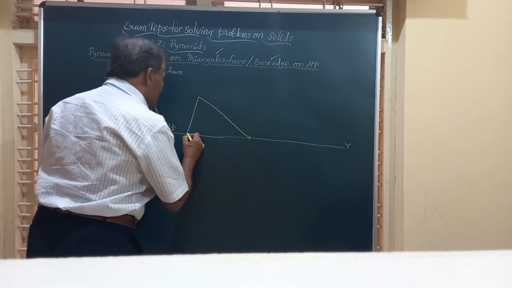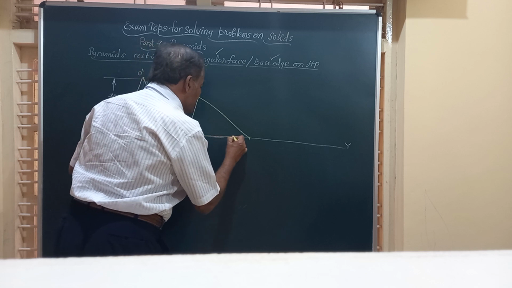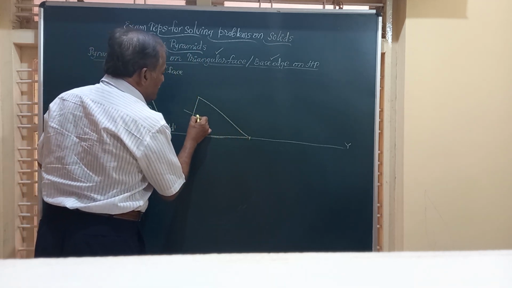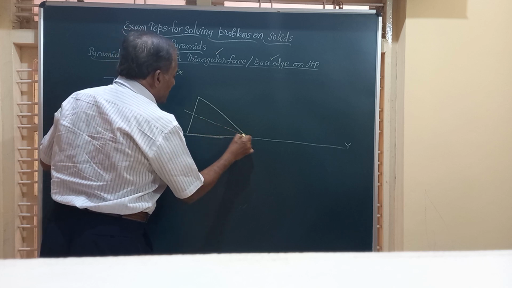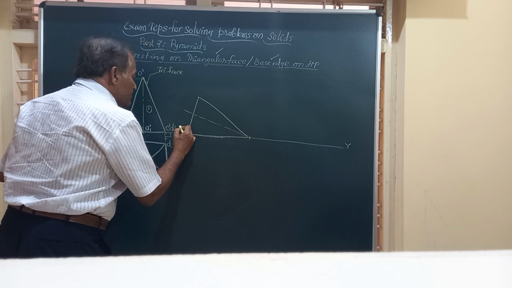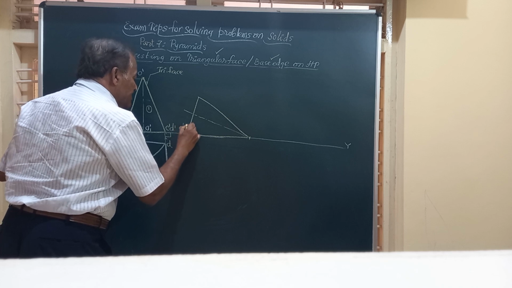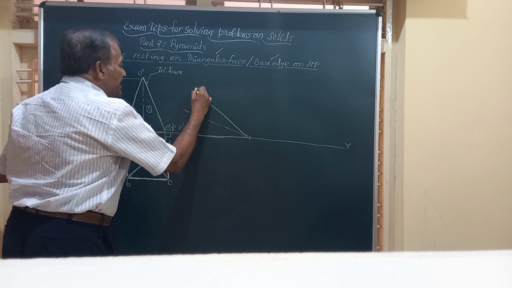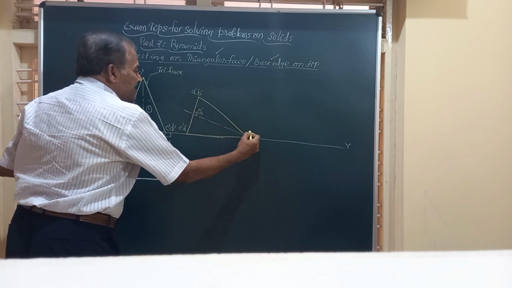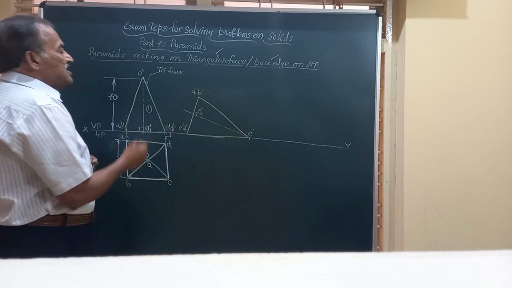Friends, say this is the position of this square pyramid in the front view when it is resting on one of the triangular faces OCD. So this is C dash D dash. Other part is A dash B dash. This is O1 dash and this is O dash. Friends, it's very easy.